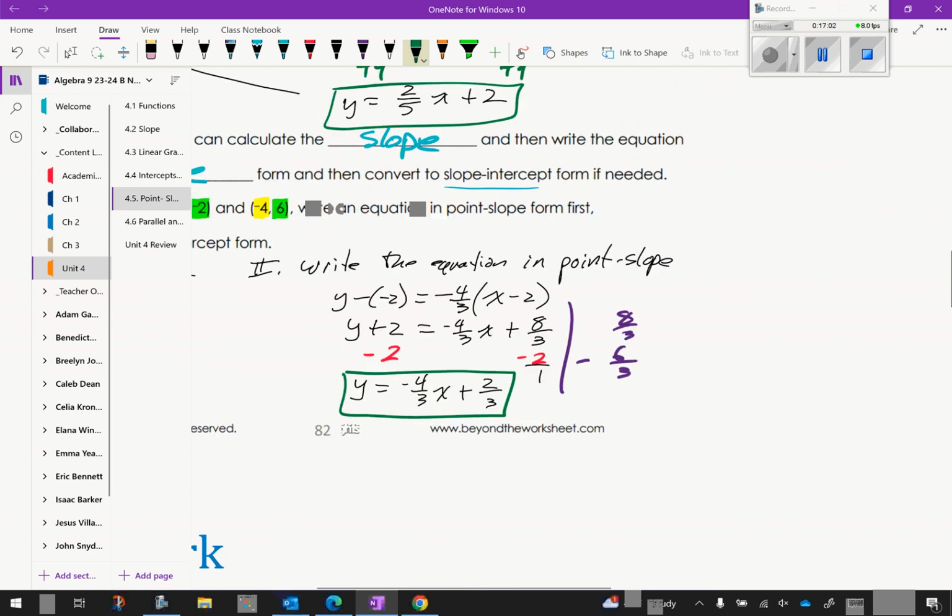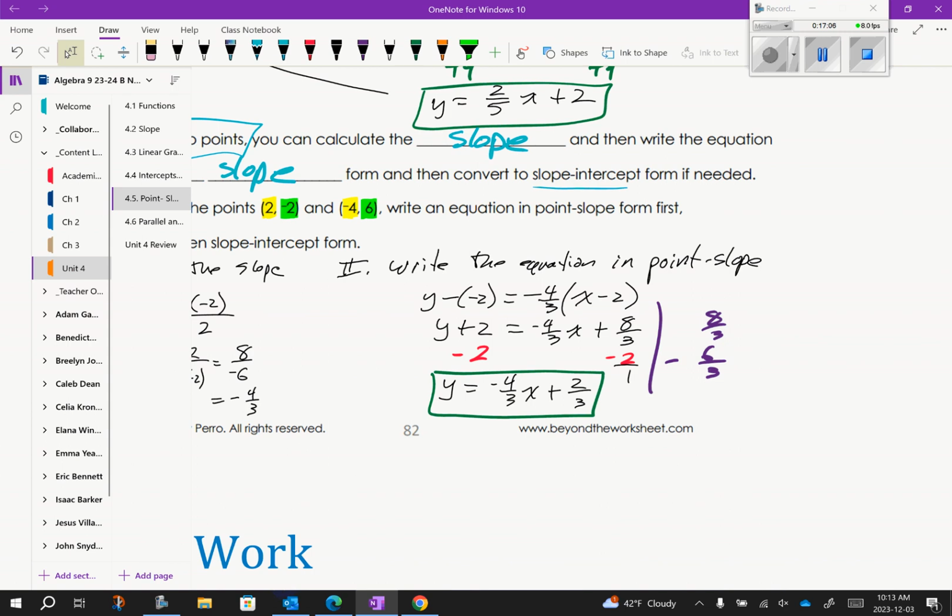Now let me show you how this works with either point. Okay, so again, I'm going to use the slope of negative 4/3, but I'm going to use the second point this time.